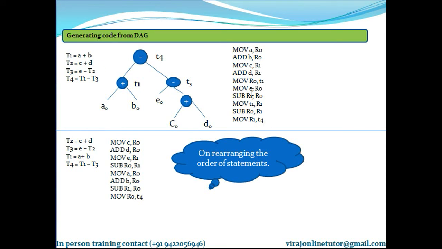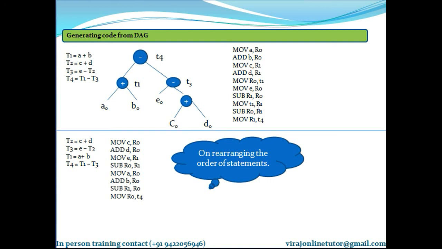Move E into R0 now, because the intermediate result of A plus B, which was in R0, I have moved to T1. So now I can use R0 for my operations. I am moving E to R0. Then I am subtracting R1 from R0. What is R1? R1 contains C plus D.